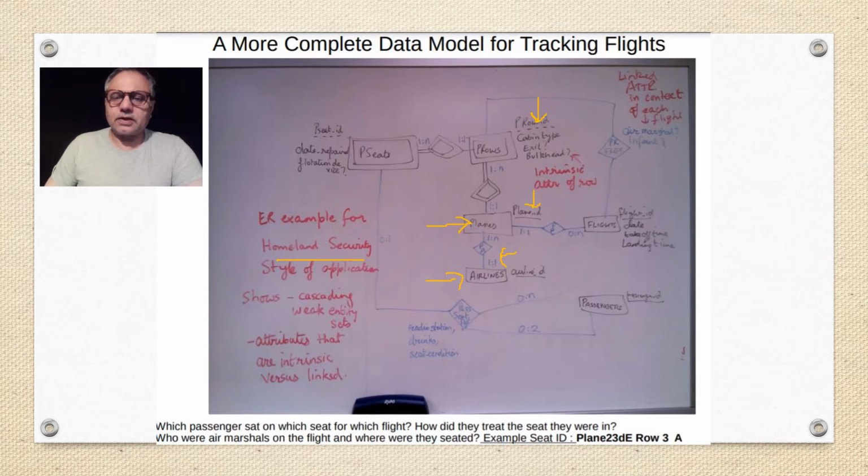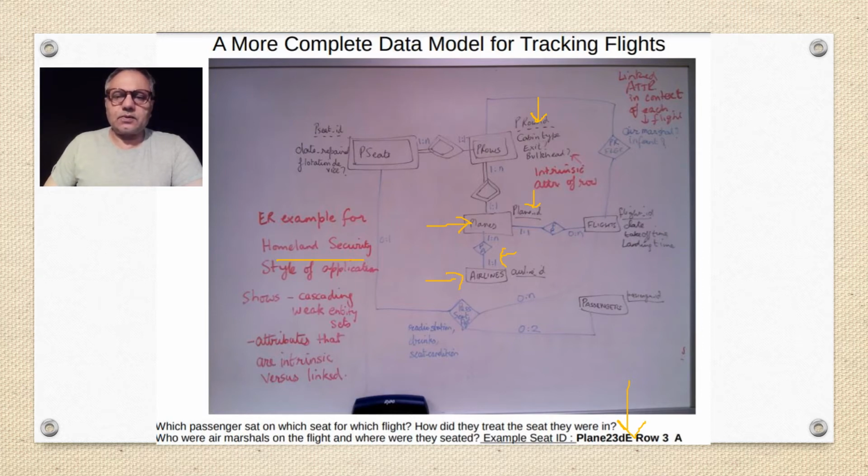And so both of those taken together will identify the row. So here's an example. Plane 23DE, row 3. So this would be an example of a row on plane 23DE, whichever plane that is.